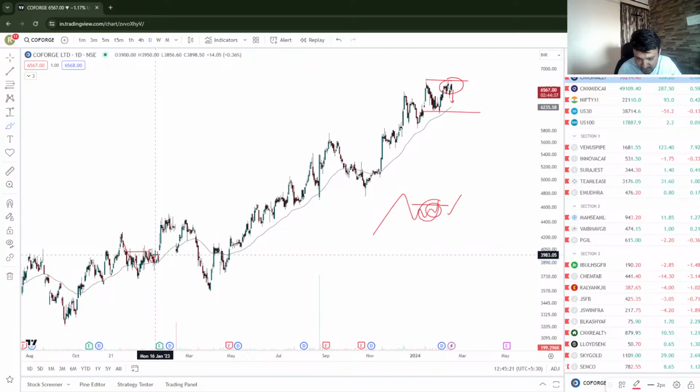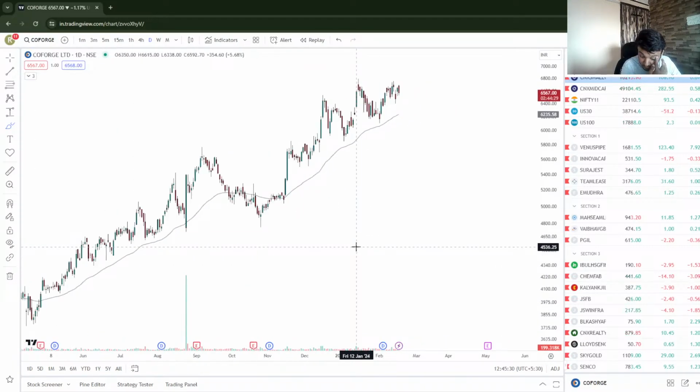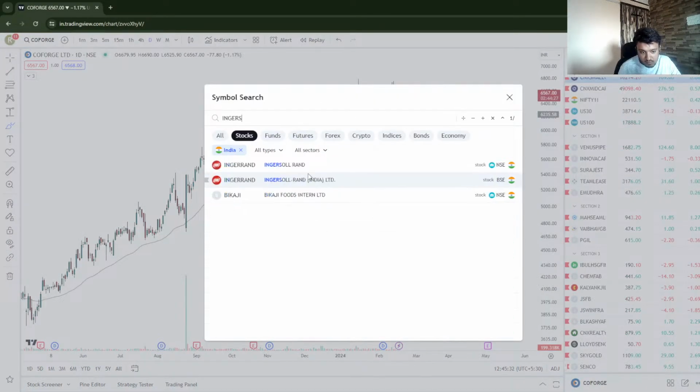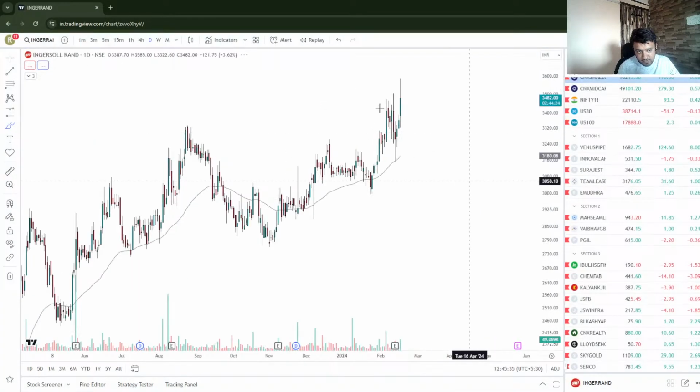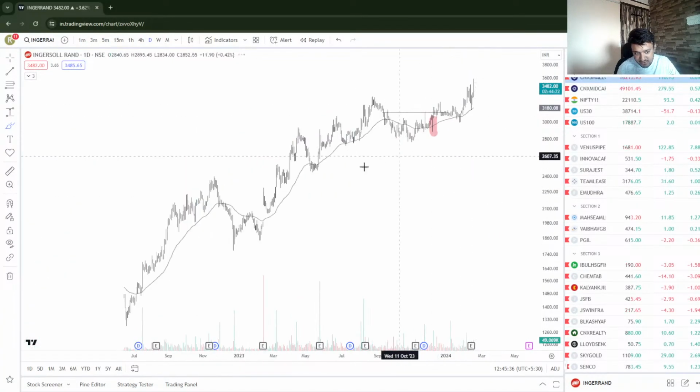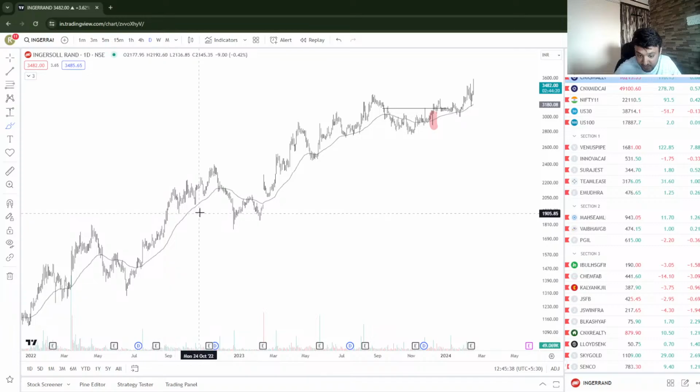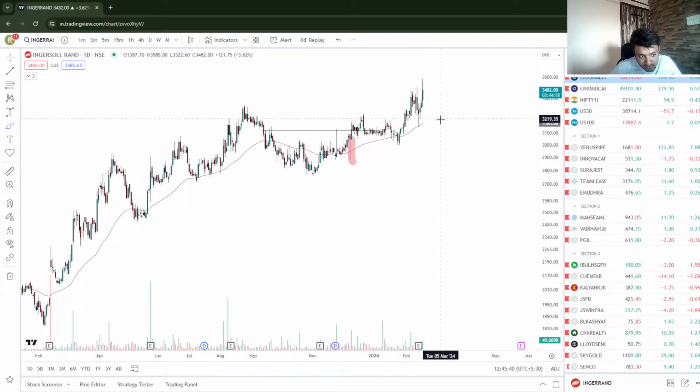Now here it looks like it's trying to go up, but it is not very high inside the trend, right? So this is what I try to do mostly. This was a very strong stock. This has always been a strong stock actually, even in 2022, but now it's gone. It's already gone way up, too far up.